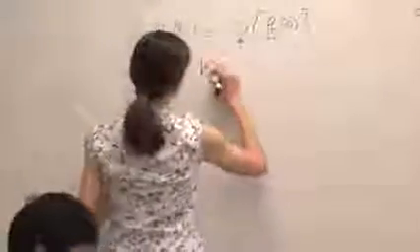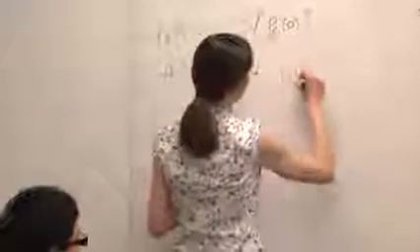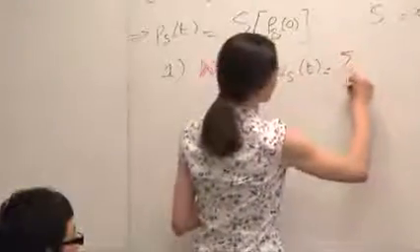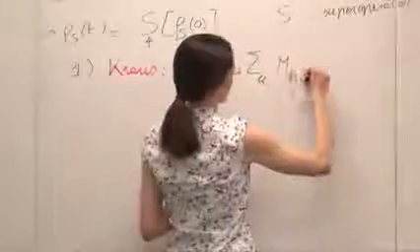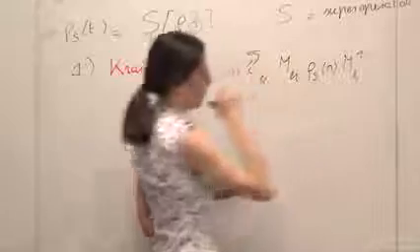So let me erase a little bit and just keep the important things. So let's say the first one is this Krauss: rho s of t, sum over k, Mk rho s of 0 Mk dagger.